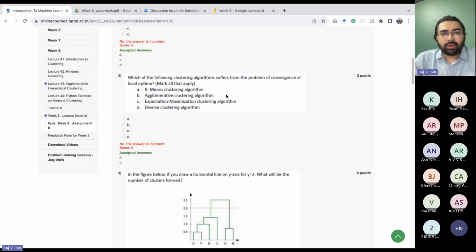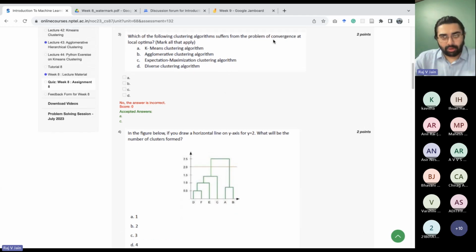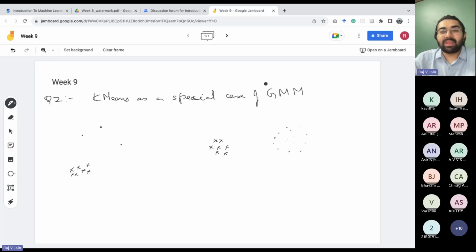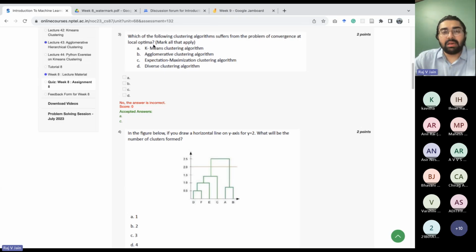Which of the following clustering algorithms suffers from the problem of convergence at local optima? Again, k-means and the expectation maximization clustering algorithm. Well, EM applied on GMM. EM is the expectation maximization algorithm, and both of them have this issue of local optima convergence.